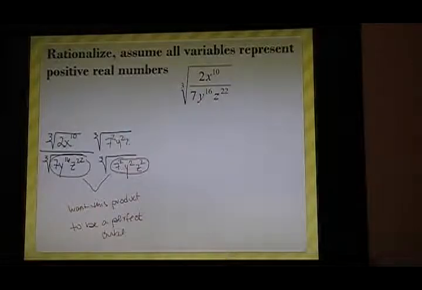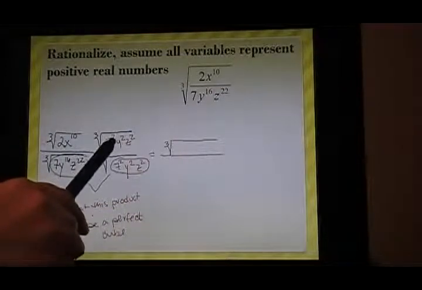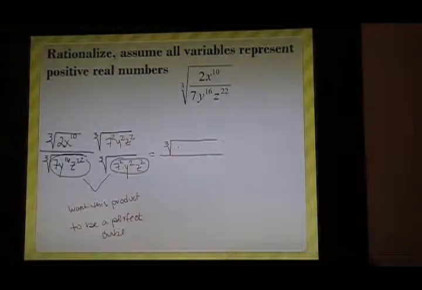So multiplying that by the same thing, what I have is the cube root of, in the numerator, 2 times 7 squared, 7 squared is 49, again 2 times 49 is 98, x to the 10th, y squared, z squared, over my denominator, which is the cube root of 343, right? 7 times 7 squared is 343. y to the 16th times y to the 2nd is y to the 18th.